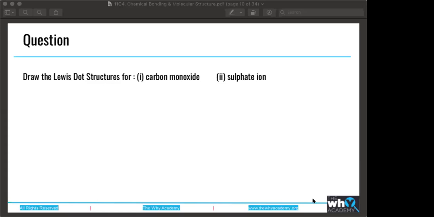Okay. Sulfate is SO4 2 minus. So the total number of electrons will be: S is 32, with 6 electrons in the outermost shell, plus 4 into 6, plus 2 because of the negative charge.